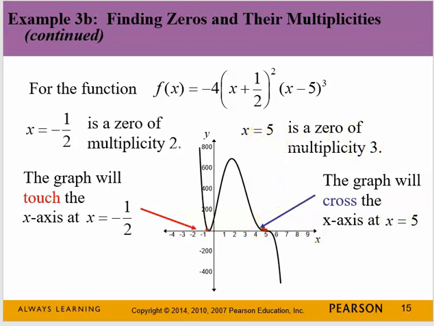That is a 0. Now, you might say, why is this one bouncing off? Again, that's an even multiplicity. Odd, or 3 in this case, multiplicity actually crosses the line. It's only even when they bounce off and don't go through the line.